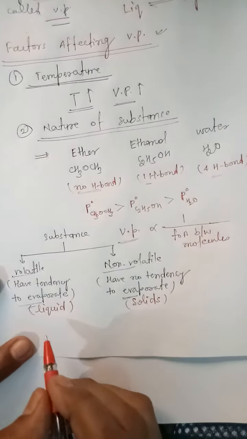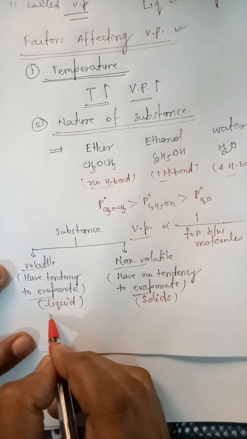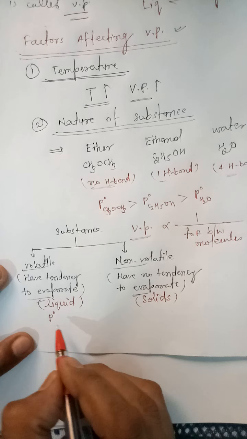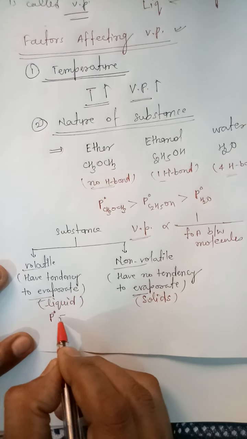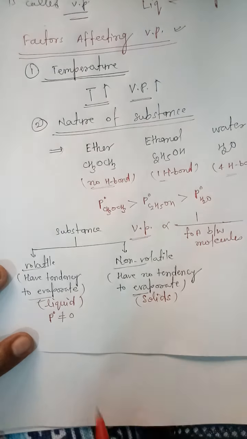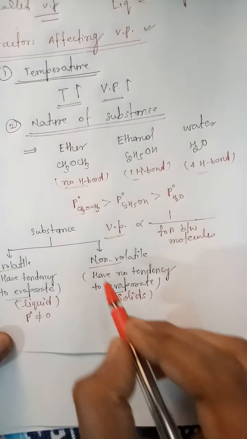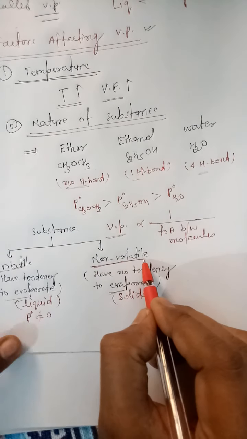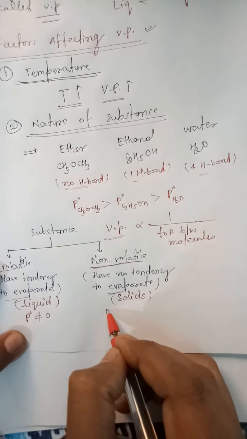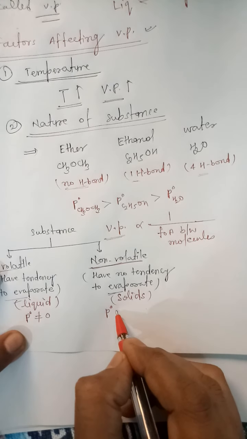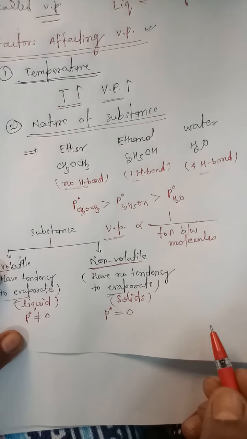So if you have a volatile substance, the vapor pressure of the pure liquid will not be equal to 0. They will come into the vapor, so they have some vapor pressure. But in the case of a non-volatile substance, they will not form the vapor, so in that case the vapor pressure will be equal to 0 because they do not form the vapor.